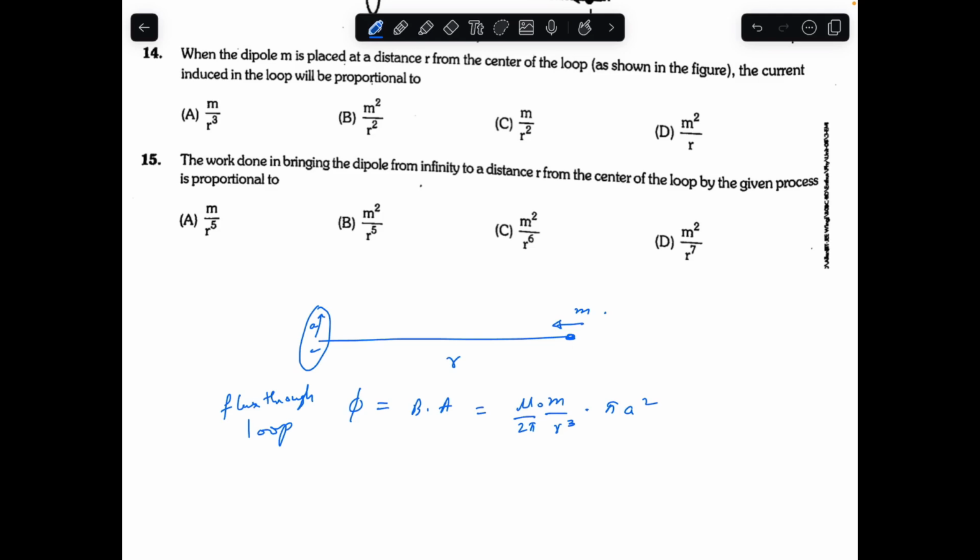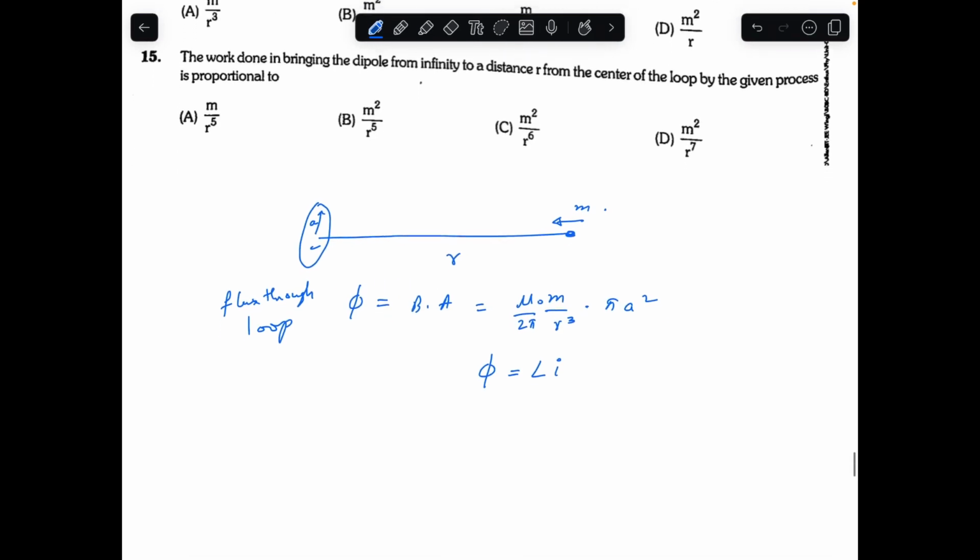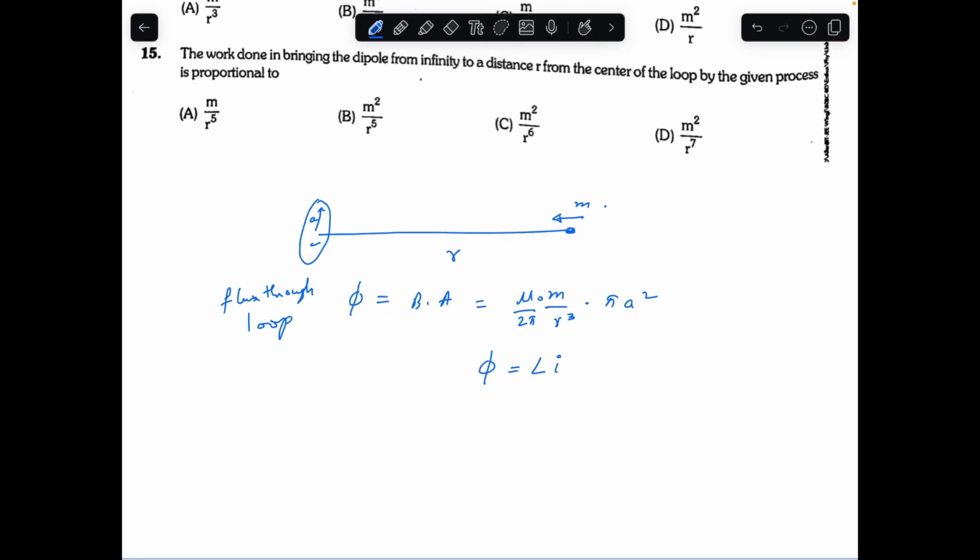So can I write phi equal to L I? So what is phi? What is I?